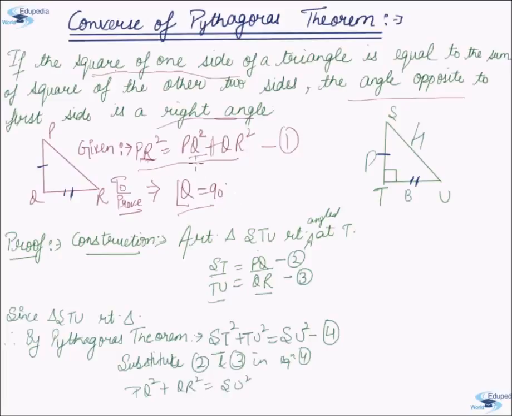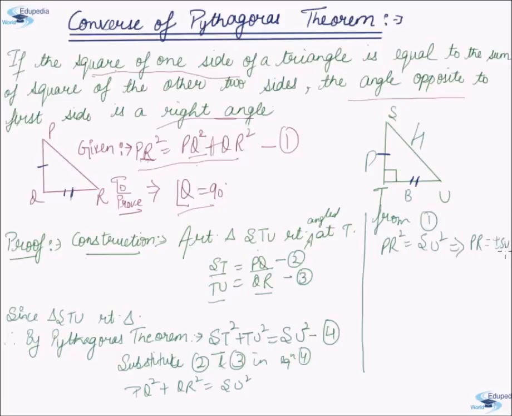But from 1, PQ square plus QR square is nothing but PR square. So from equation 1, we will have PR square is equal to SU square, which implies that PR is equal to plus or minus SU.